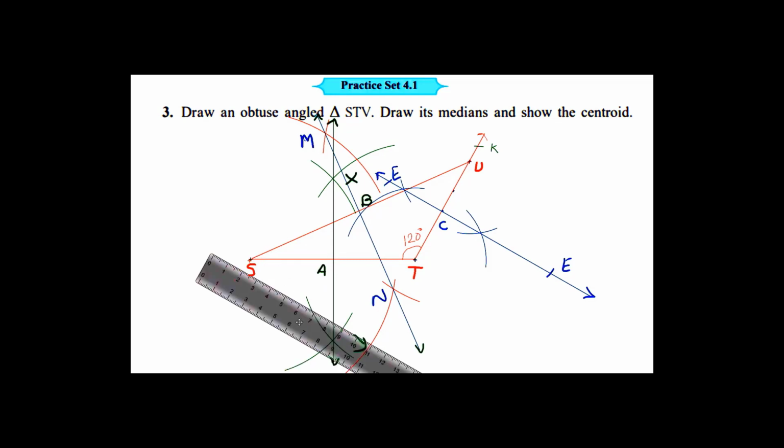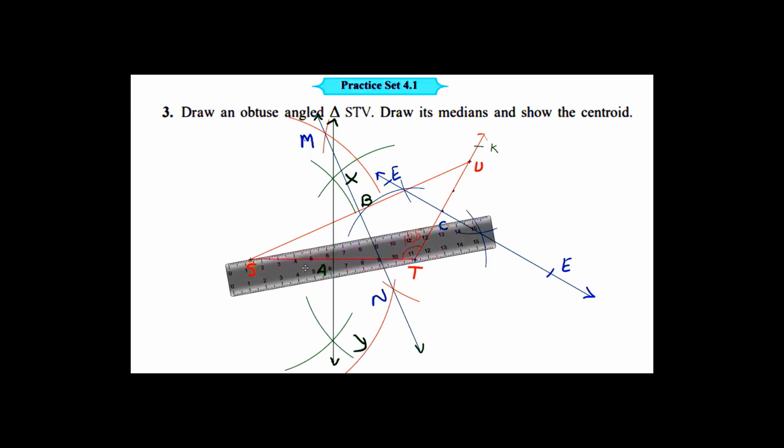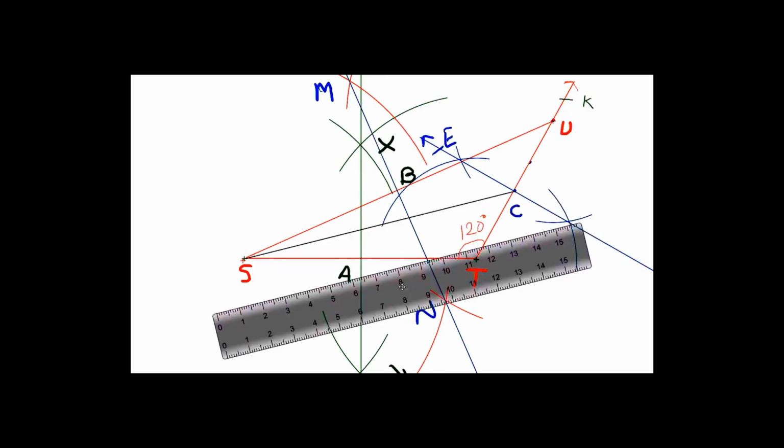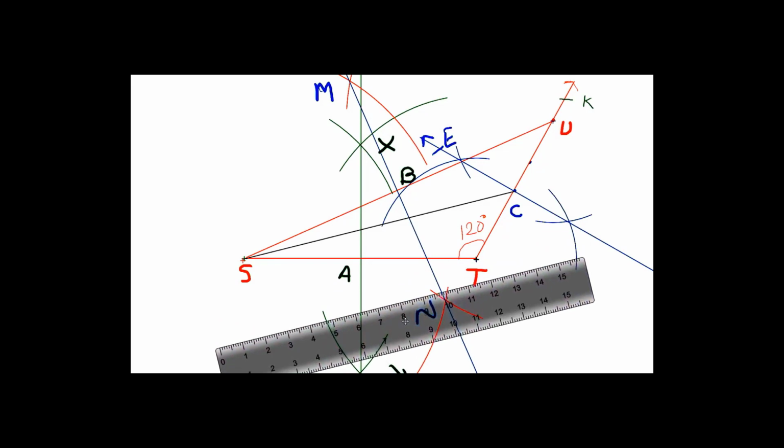Draw the median SC first by joining the vertex S and midpoint C with the help of a ruler. Segment SC is the median of triangle STU.